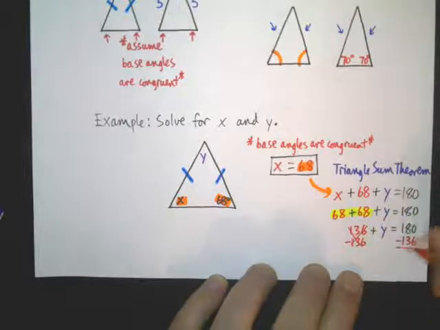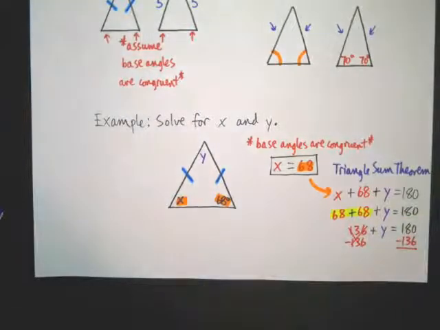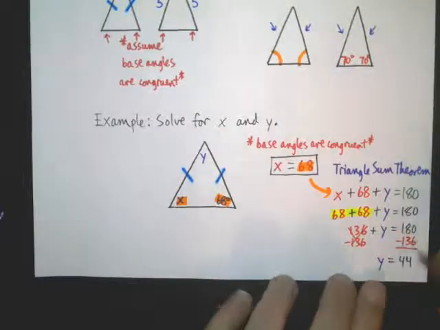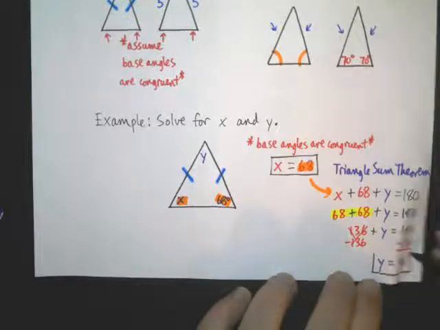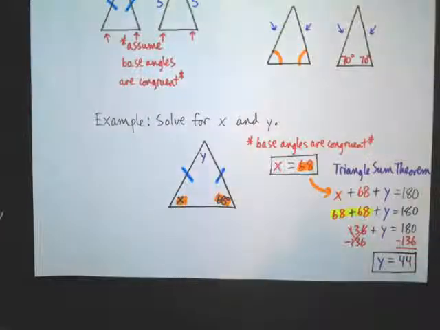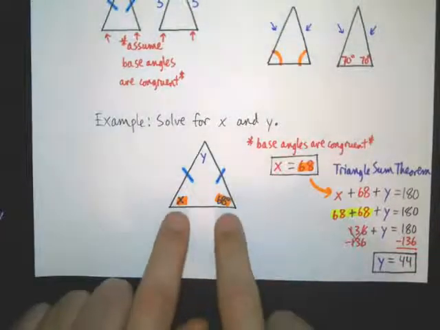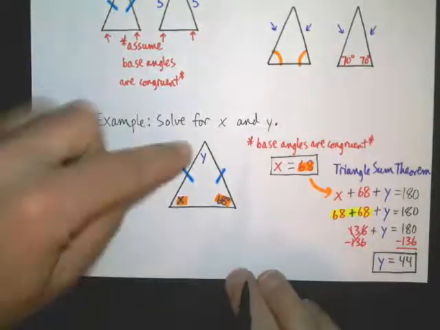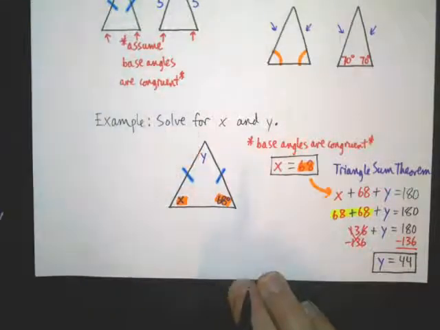Takes care of that. So y equals 44. So in this isosceles triangle, both of the base angles are 68. And to make sure we get a total of 180 for those three angles, y is going to be 44.